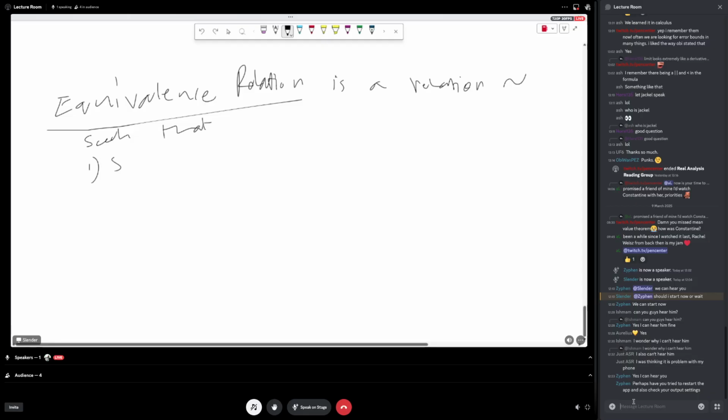First is reflexivity, that is a is in relation with itself for all a in the set A. Also, we mean to say equivalence relation on set A.